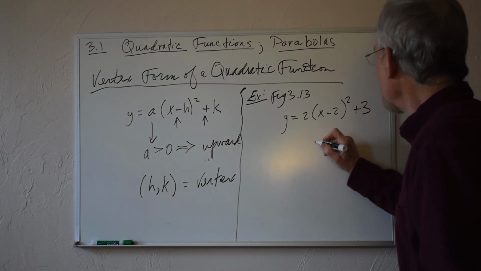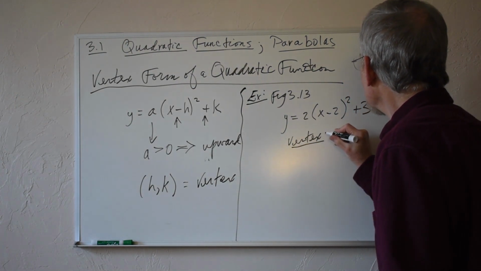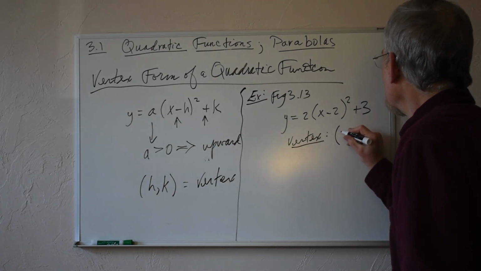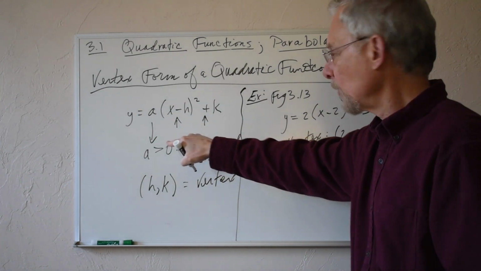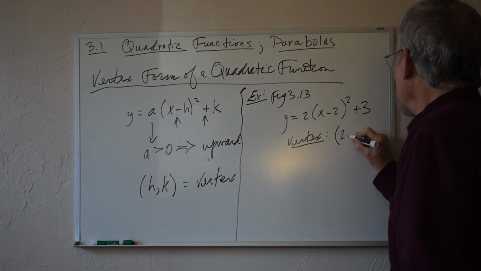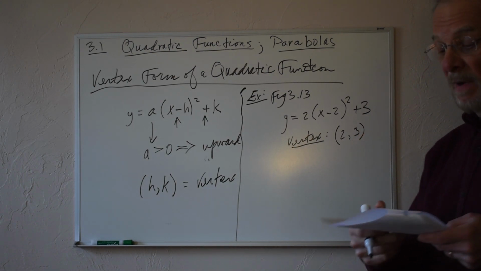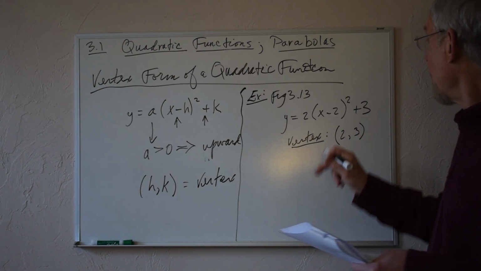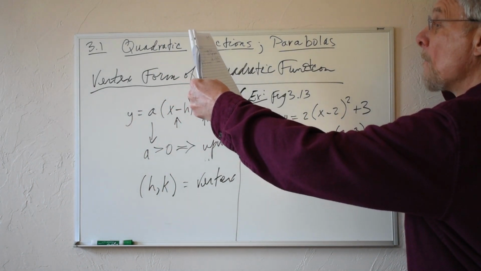We look at this and we see that the vertex has x coordinate 2, right? 2 plays the role of h. 3 plays the role of k. So that's the y coordinate of my vertex. A equals 2, so the parabola opens upward.